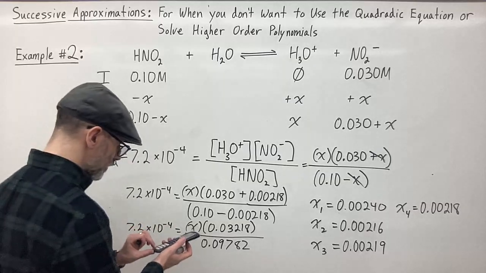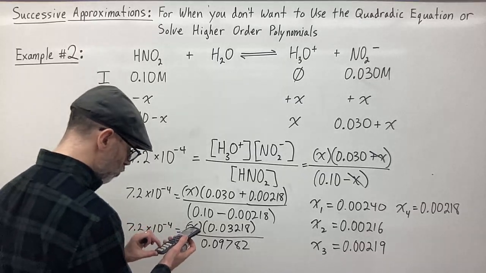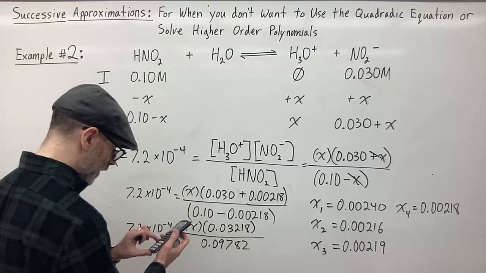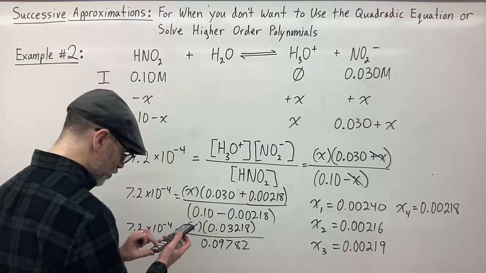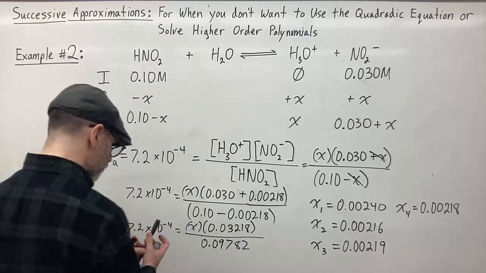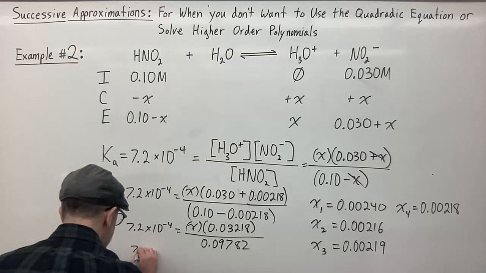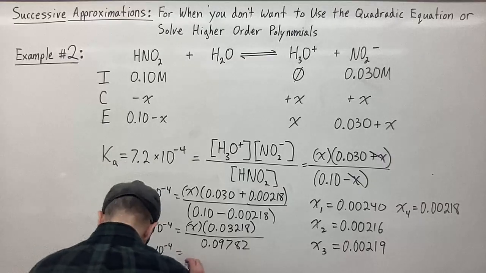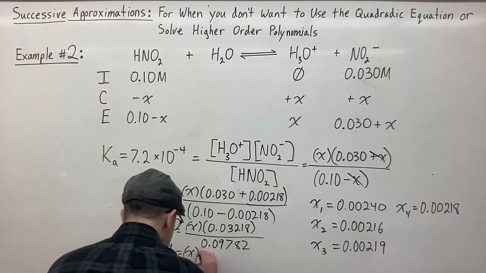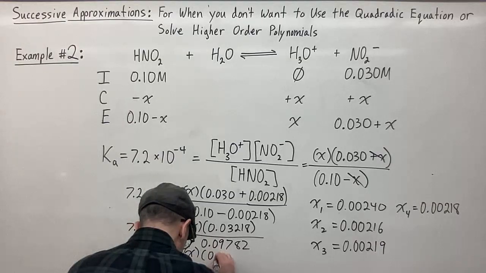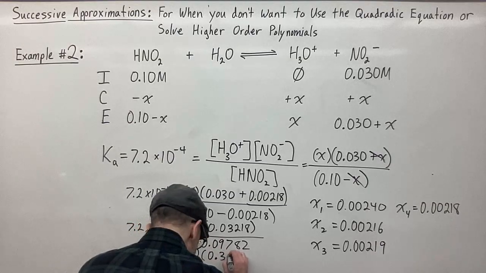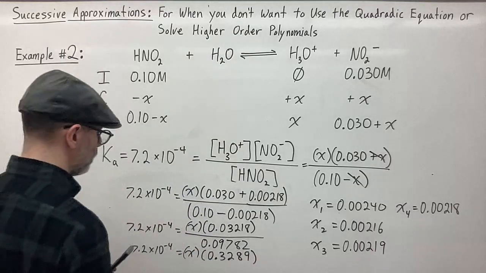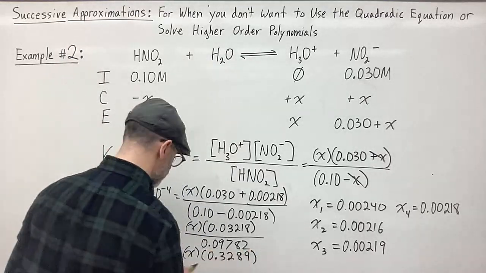So 0.03218 divided by 0.09782 equals, and so now I get 7.2 times 10 to the negative 4 equal to x times 0.3289.